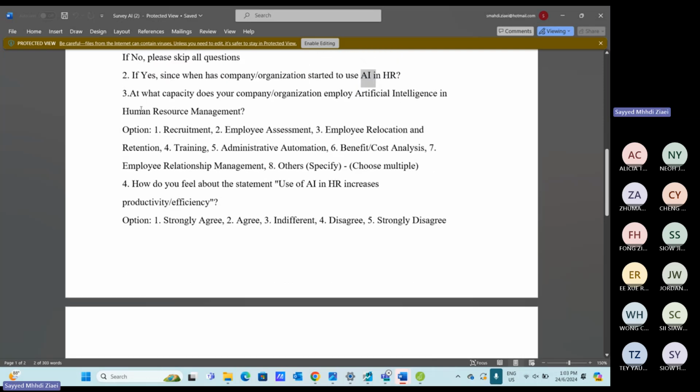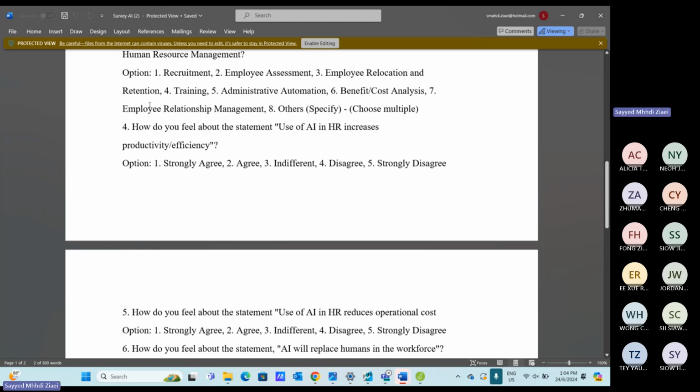Question number 3, at what capacity does your company organization employ artificial intelligence in human resource management? Option 1, recruitment. Option 2, employment assessment. To option 8.